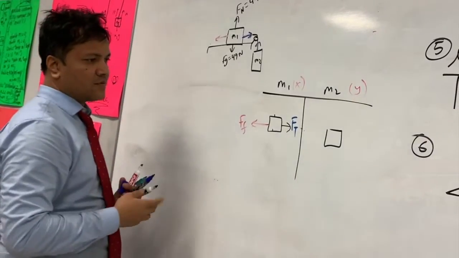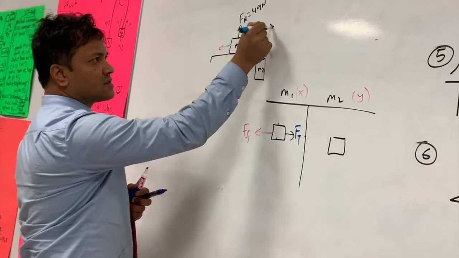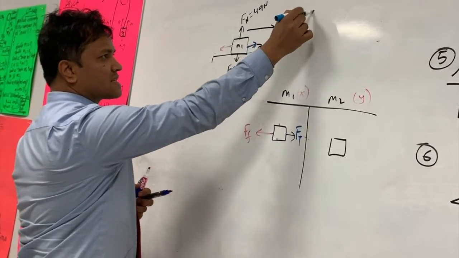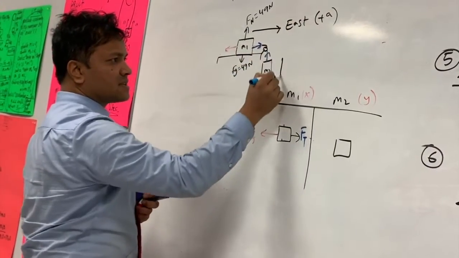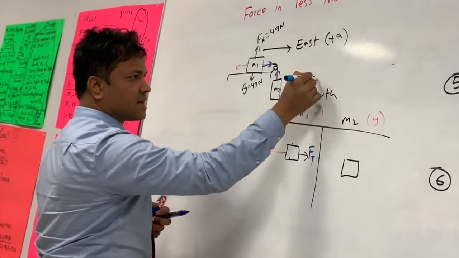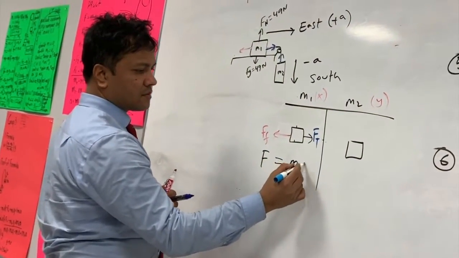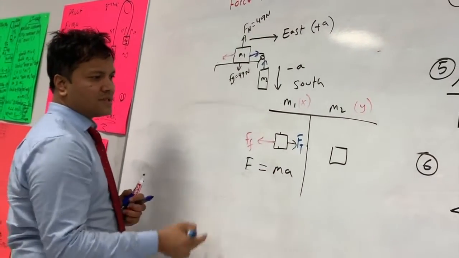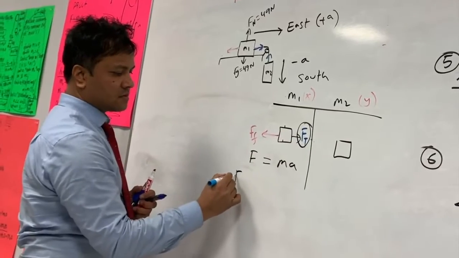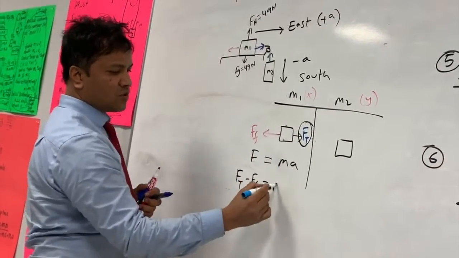So let's write Newton's second law. This is acceleration to the east, so acceleration must be positive. This is accelerating toward the south, so that must be negative acceleration. Okay, good. So F equal to ma. Now F is what? Ft minus Ff is equal to M1a because this is M1.